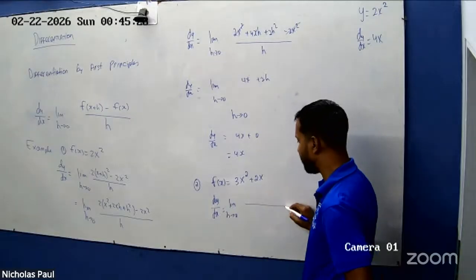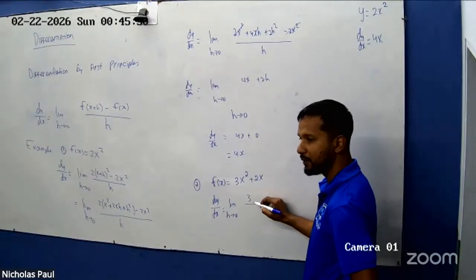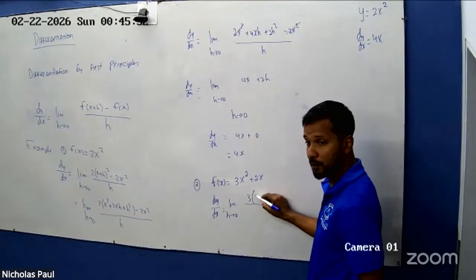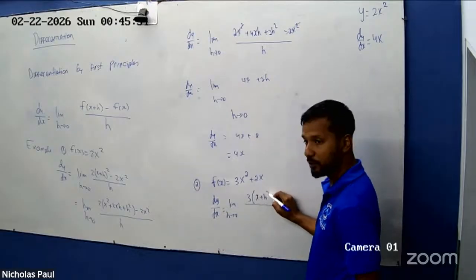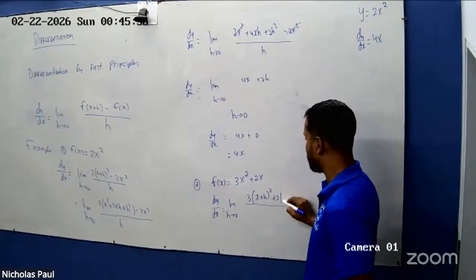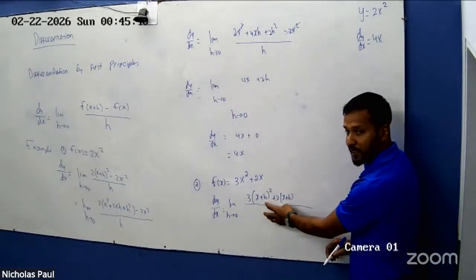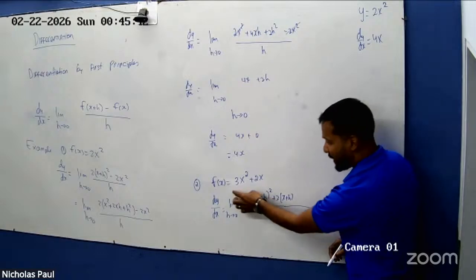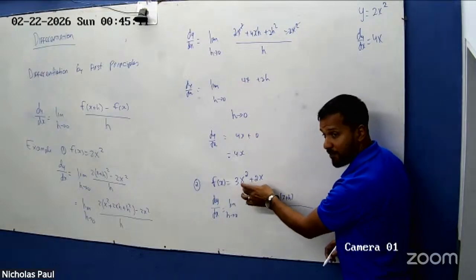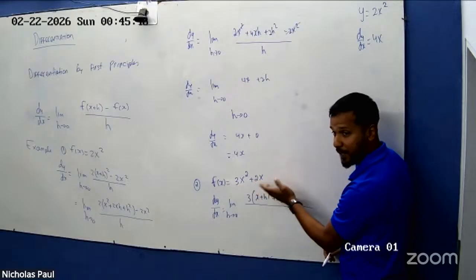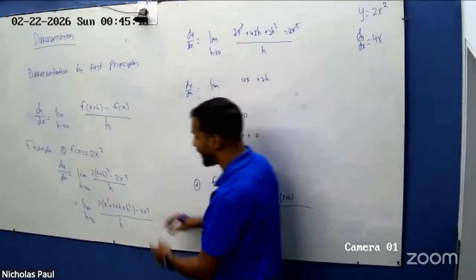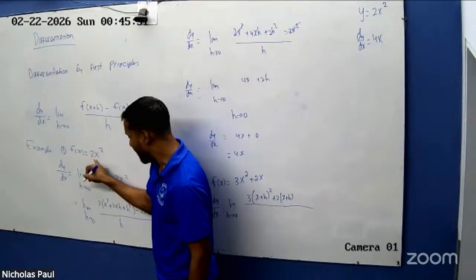What would it be? 3 by x plus h squared plus 2 by x plus h. This is your f of x plus h. Remember this f of x. So f of x plus h is everywhere you have x, you put in x plus h. That's what I did here. Everywhere I have x, I put x plus h.